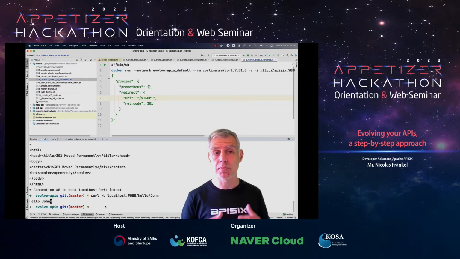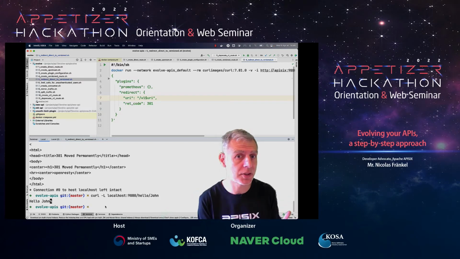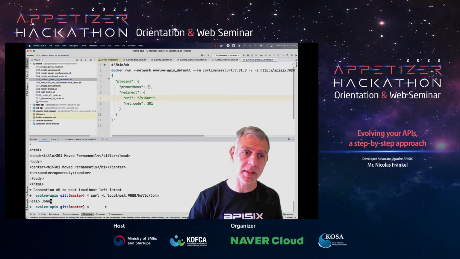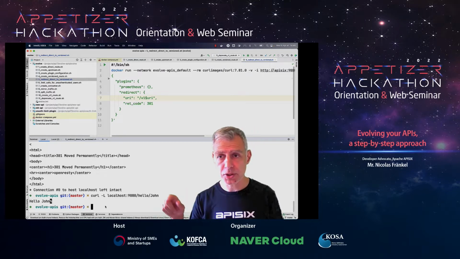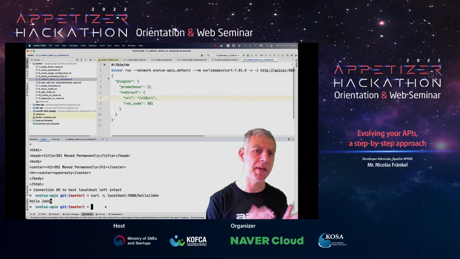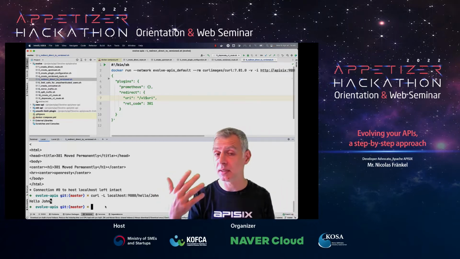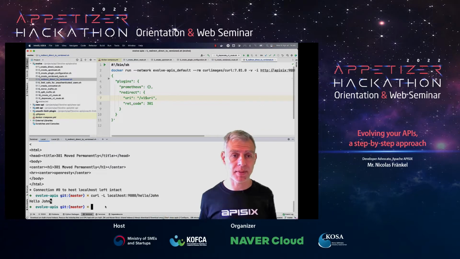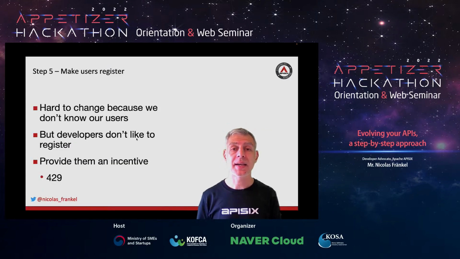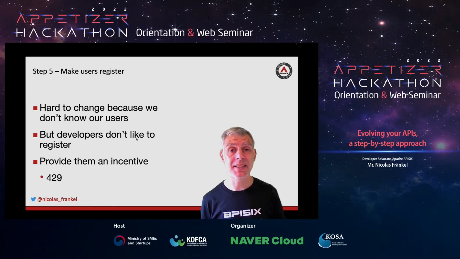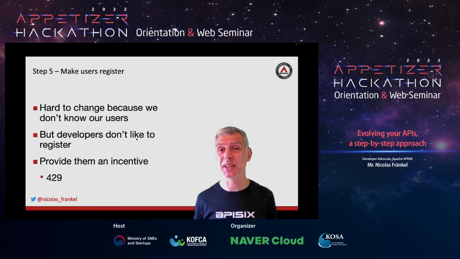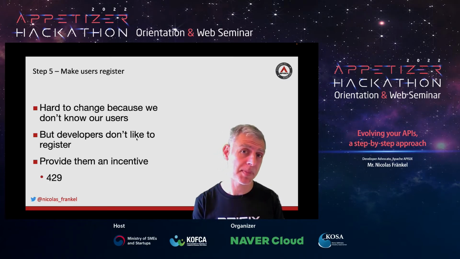So either you break the client because the client doesn't follow automatically, but they can check the logs and see, hey, in this header, this is the new location and it's a 301, so it has been moved permanently, or they are automatically following and then it doesn't break them. You might say that breaking clients is a bit strong, and I would agree, but in this case, we don't have any choice because we don't know who is using our APIs.